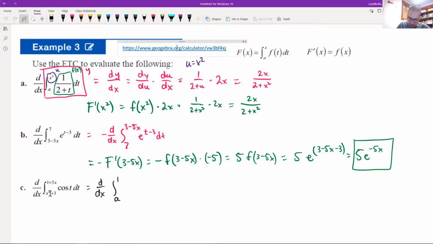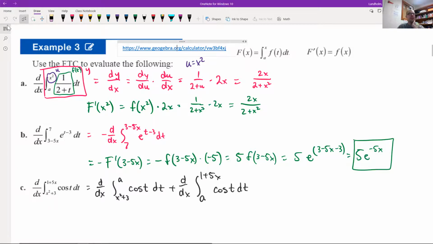Oh, and actually, hold up. We're going to put a as the top boundary so that we're going to start off at x squared plus 3 and go to some constant a of this function. But then we're going to do a to the right-hand endpoint, 1 plus 5x of cosine t dt.